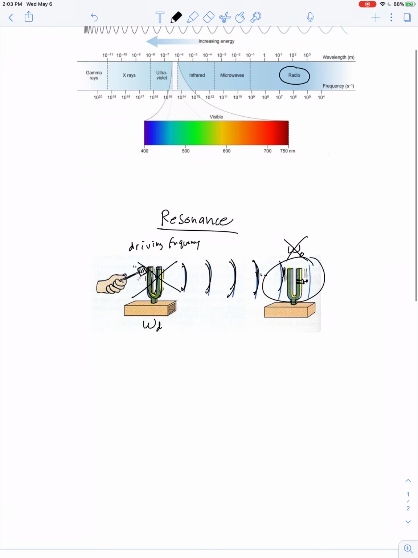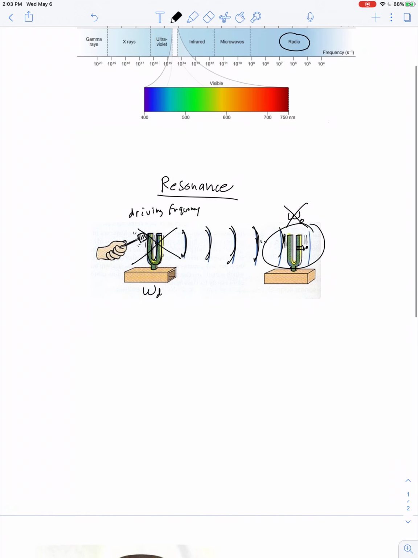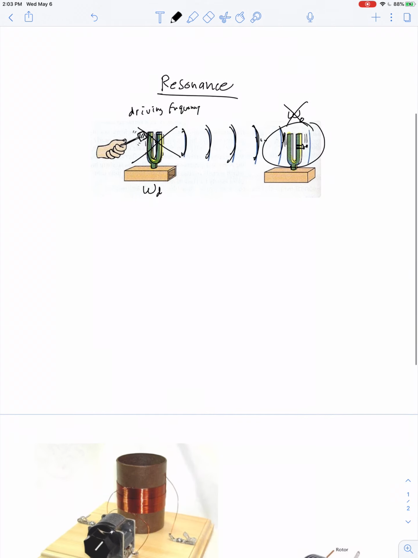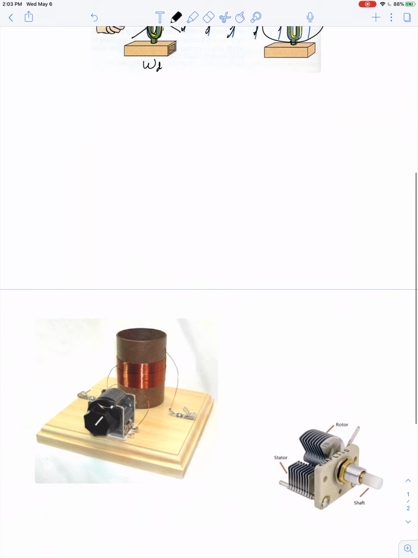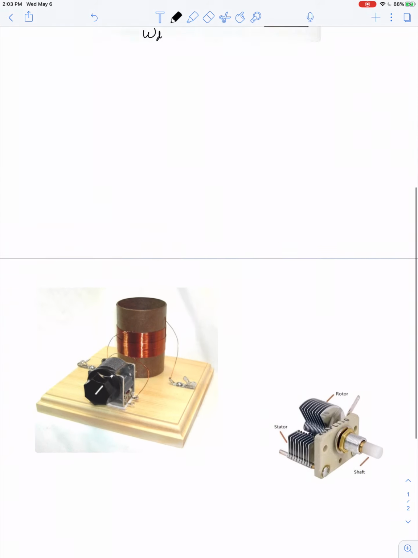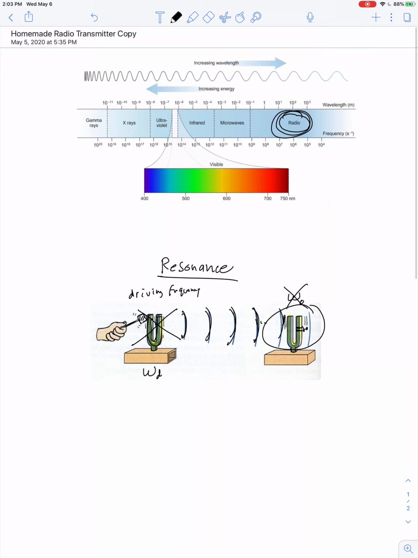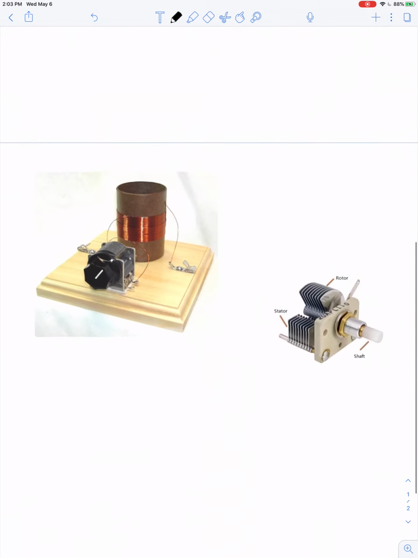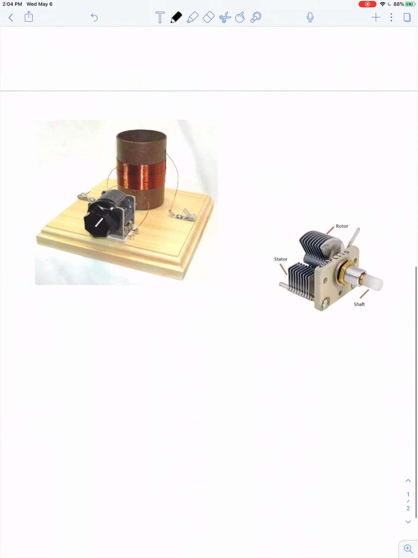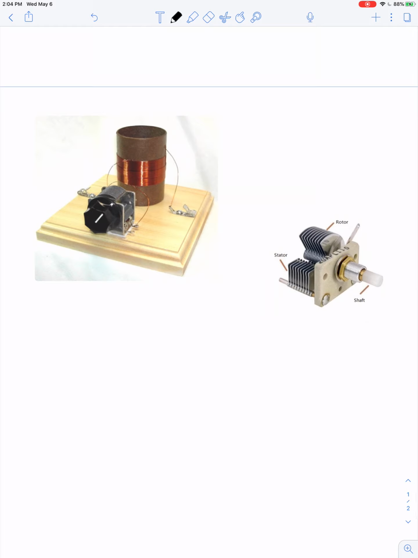So I bring this up because there's an electronic analogy to this same type of behavior. You can create a resonance condition using light waves, and in particular, the radio part of the spectrum. I'll probably provide another video link that shows you how you can build a crystal radio.